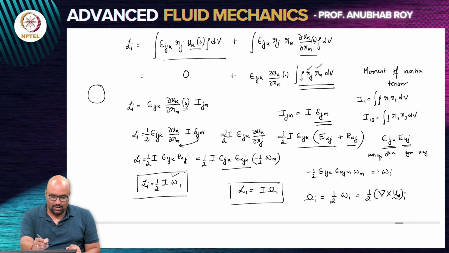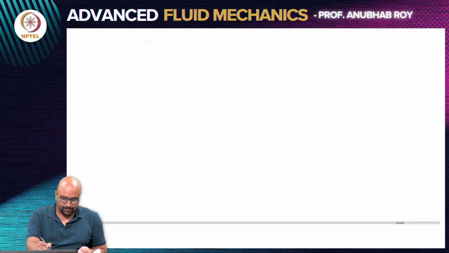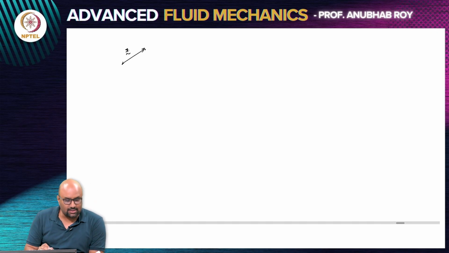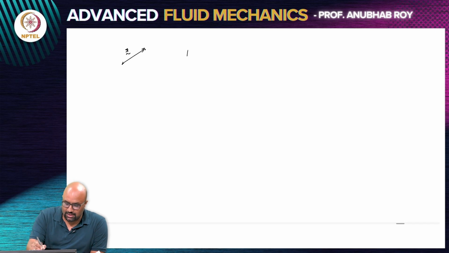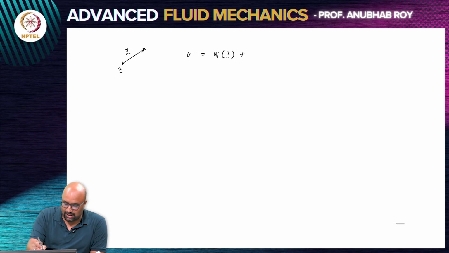So, this now completes our picture. The picture is, if I have 2 points that are separated by a distance r, and I am trying to find out what is the change in the velocity between those 2 points, that change in velocity can be expressed in terms of, let us say this point is at x, the velocity at that point x plus, so I am trying to find what is the velocity at some other point.